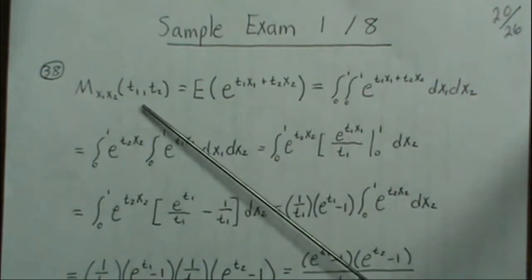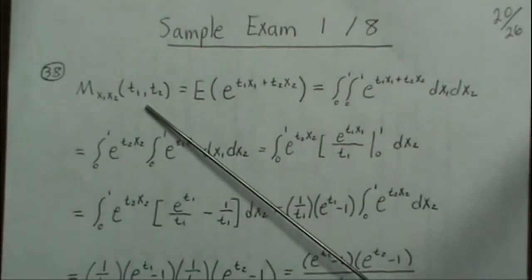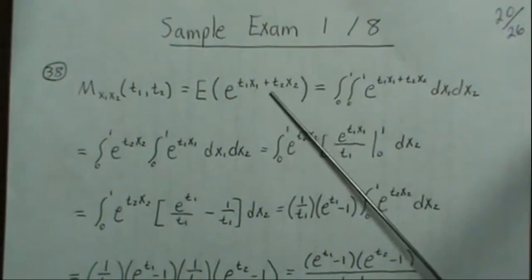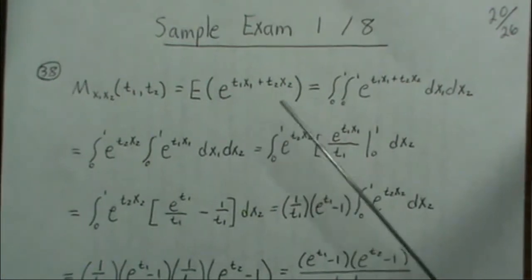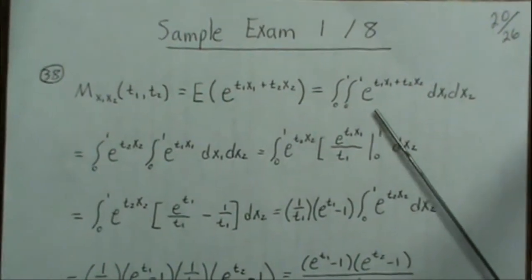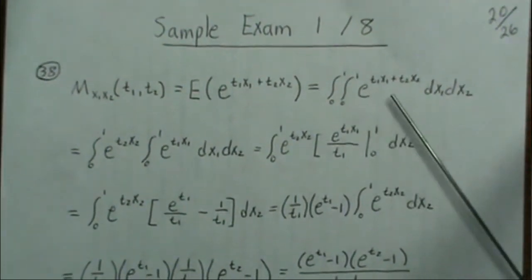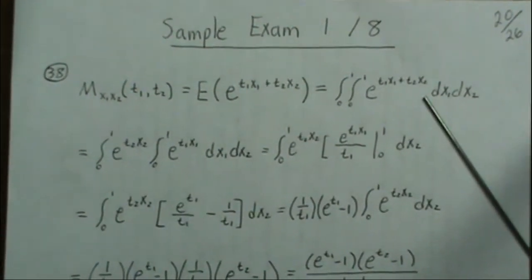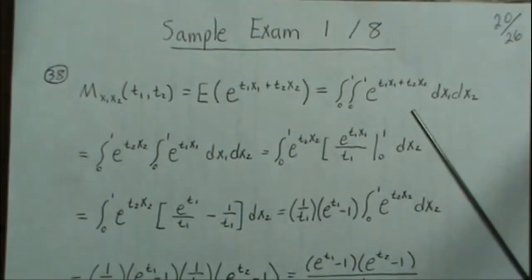So the definition of a joint moment generating function is the expected value of this. So we integrate over all possible values of x1 and x2 times the density, but that was 1.